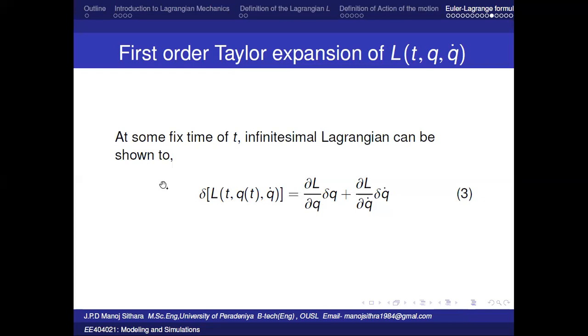So we need to obtain the very small portion of the Lagrangian. Therefore, we can consider an infinitesimally small position part. We do have an infinitesimally small velocity part. Then it will produce a very small segment of the Lagrangian, right?